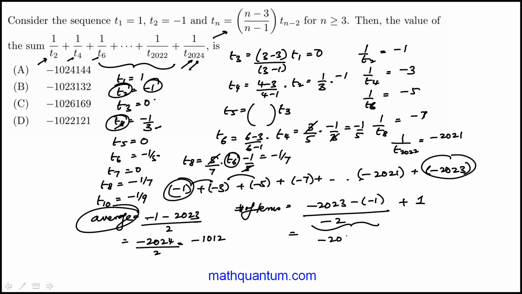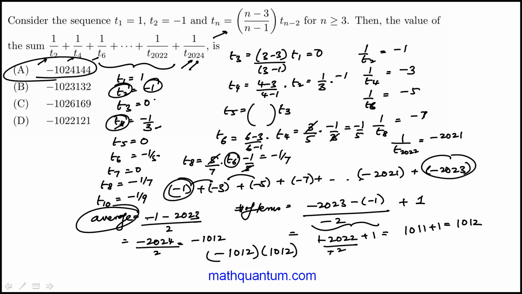So that becomes 1011 plus 1, so 1012. So the sum would be minus 1012 times 1012. If you multiply this out, you will get exactly the answer, choice A.